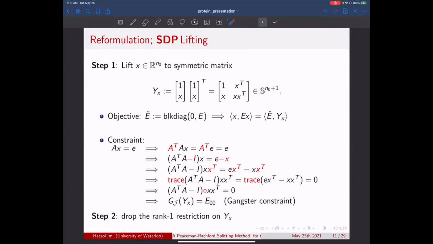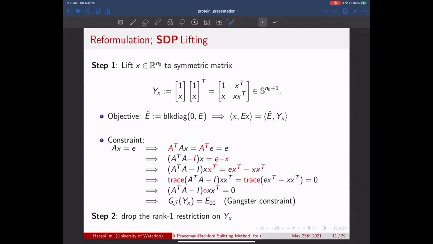This circle is a Hadamard product, so we are taking an element-wise product of two matrices. We can also show that this part, A transpose A minus the identity, is in fact a 0-1 matrix. Whenever we have a non-zero entry in this matrix, it sets the corresponding entry in this xx transpose to equal 0.